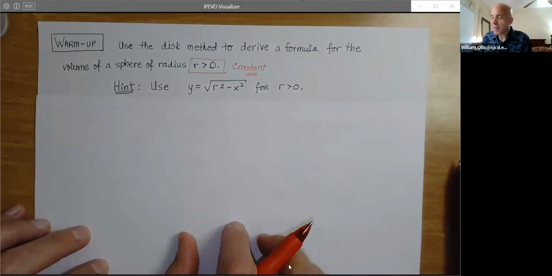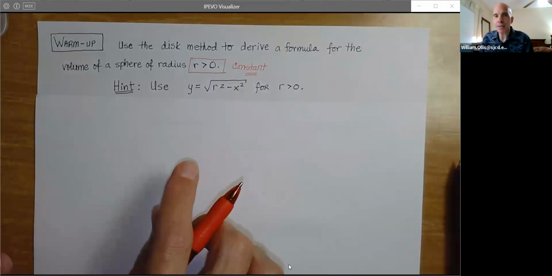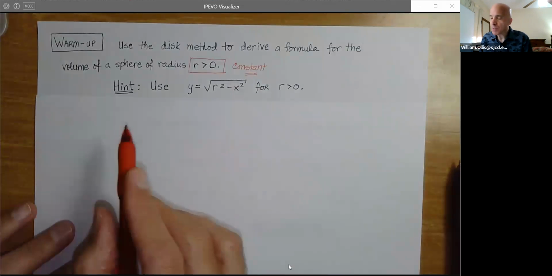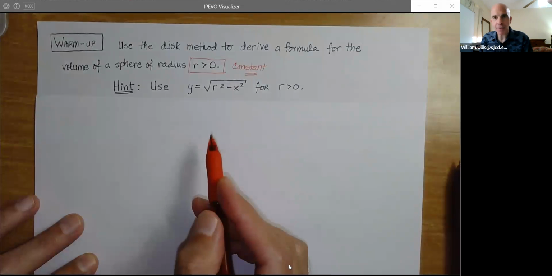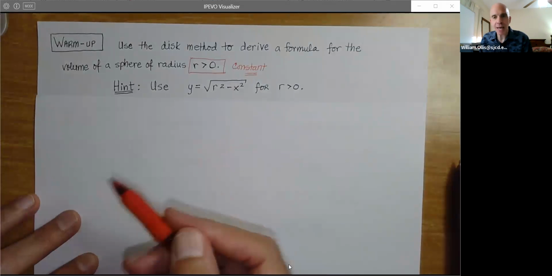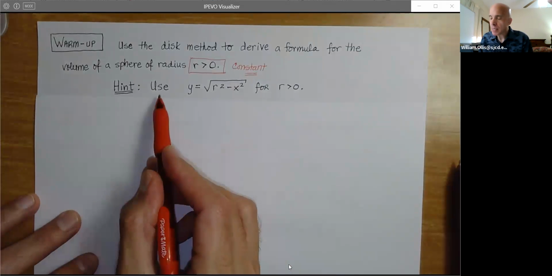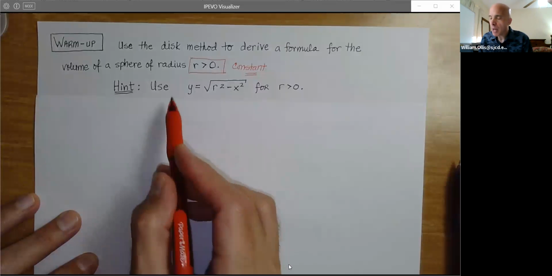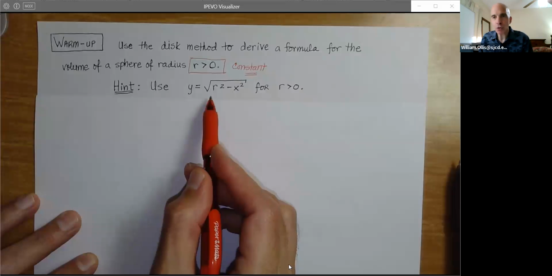Now when you think about doing a problem like this and the instructions say use a disk method, you think about revolving a particular region about an axis. And so what I've done here, and I want you to visualize this. This says, as a hint, and of course there are many ways to do this problem, but you can use this particular curve.